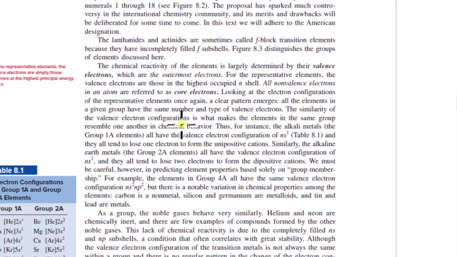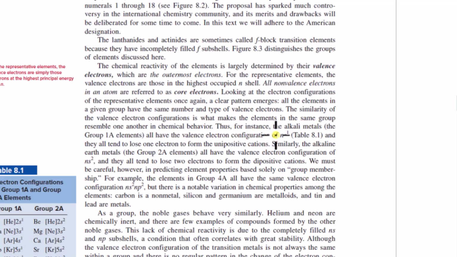Looking at the electron configurations of the representative elements once again, a clear pattern emerges. All the elements in a given group have the same number and type of valence electrons. The similarity of the valence electron configurations is what makes the elements in the same group resemble one another in chemical behavior.